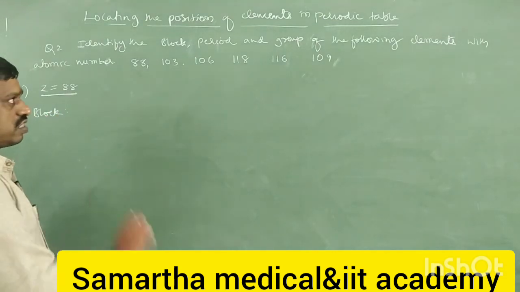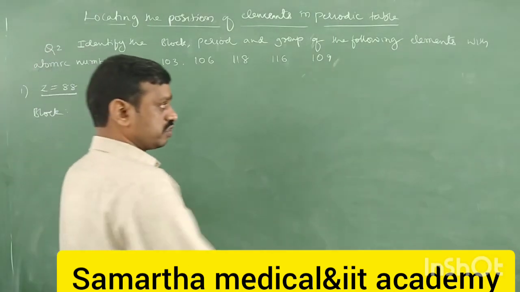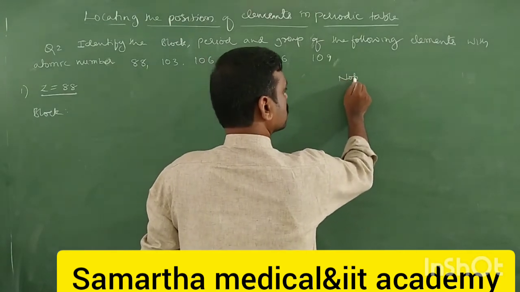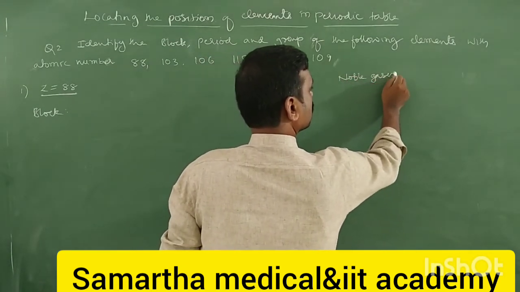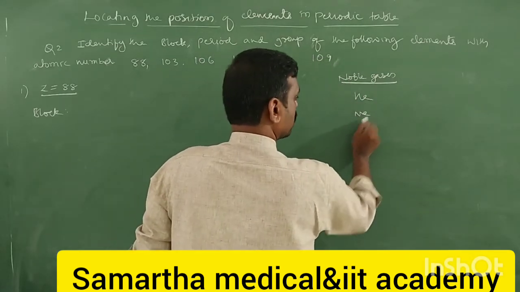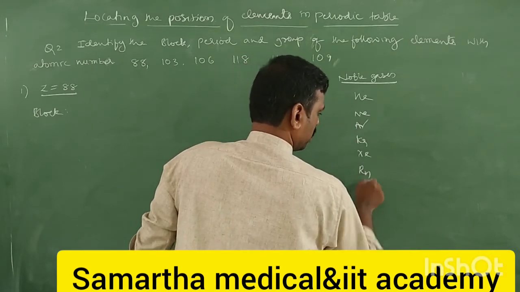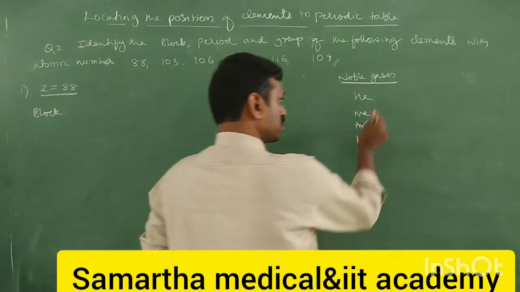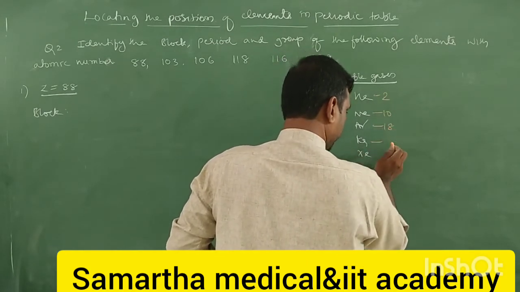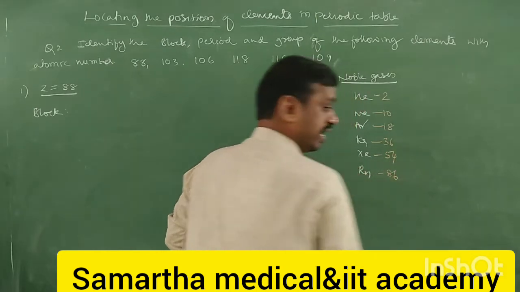Okay, so to understand this, you need to remember the noble gas atomic numbers. Can you tell me what the noble gases are? Noble gases are helium, neon, argon, krypton, xenon, radon. So the noble gas atomic numbers you must remember are 2, 10, 18, 36, 54, 86.